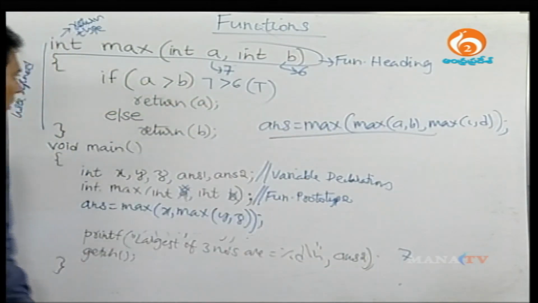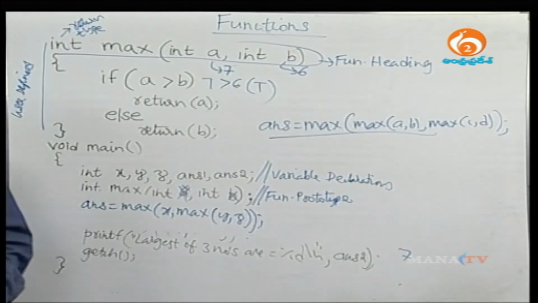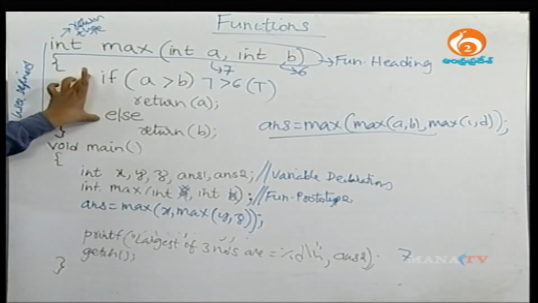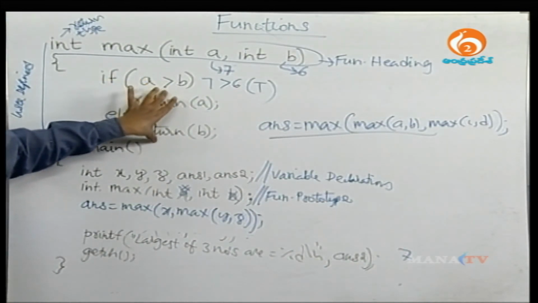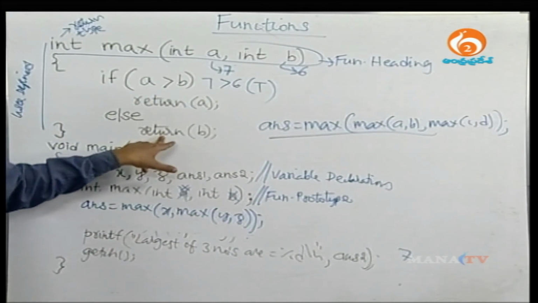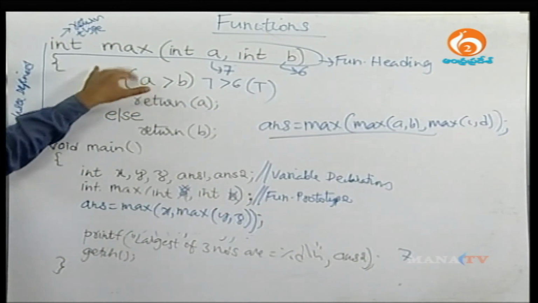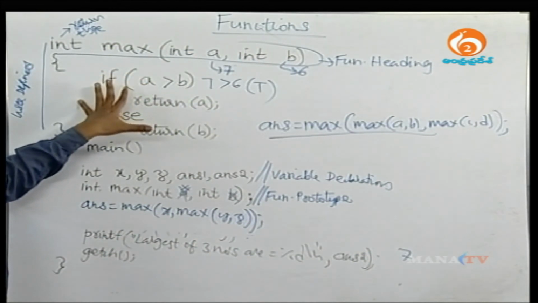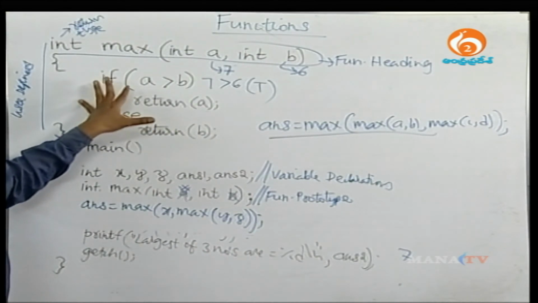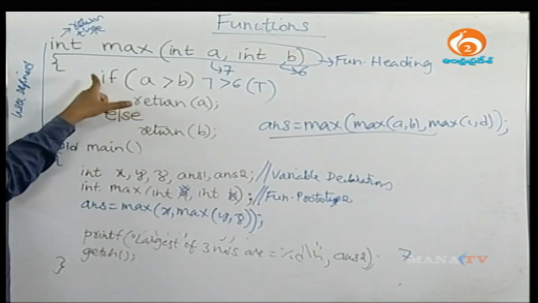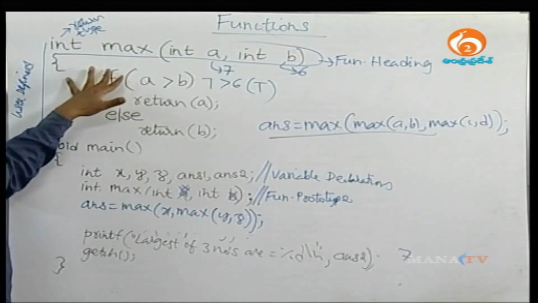Okay. Next, this is the body, function body. This function body contains the local variables list, statements of the function and the return statement. Here I haven't written the local variables because they are not required for my program, so I haven't used them.